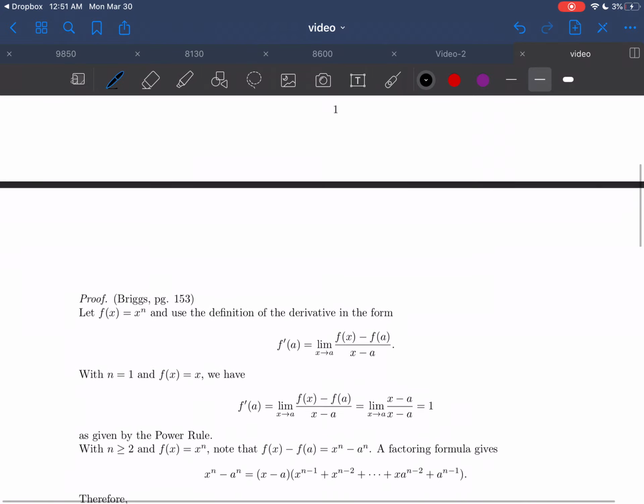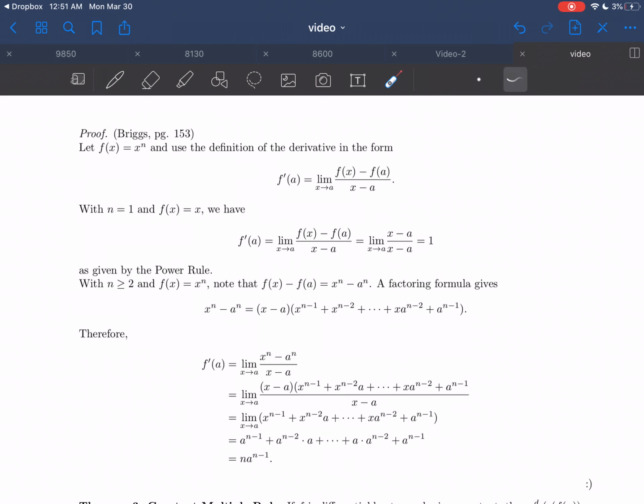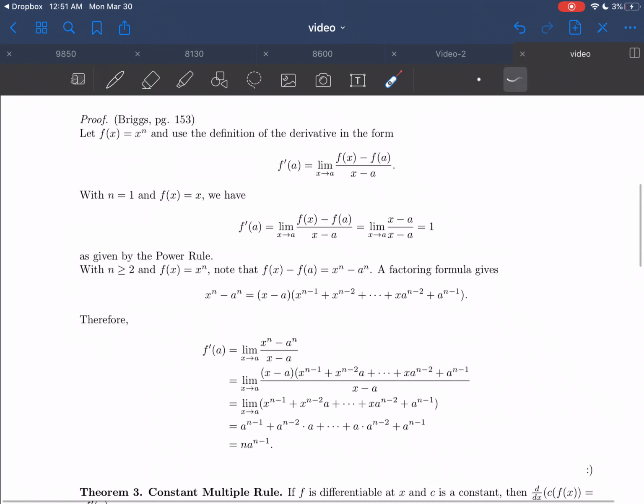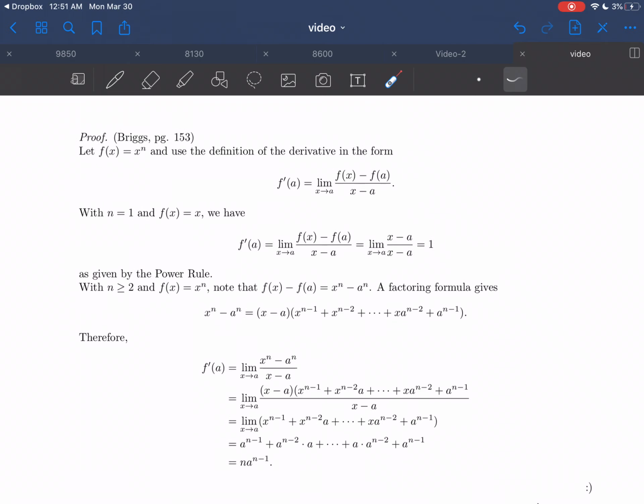Now, here we've got a proof, and you're not going to be asked to reproduce this. But I've got it in here just so you can see where the power rule comes from. If you want more information on this, you can look at Briggs, page 153.